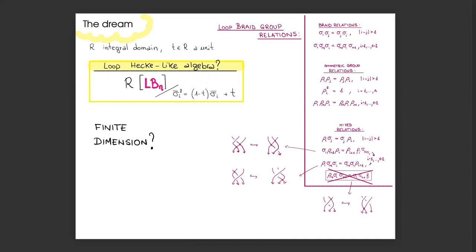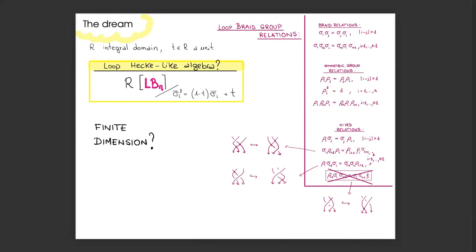To know, it's useful to know exactly what the relations in the loop braid group are. As I told you at the beginning when I was giving the definitions, here we have the braid relations. If two generators are on strands, or tubes in this case, with indices that are far enough apart, then they commute. Then we have the classical Reidemeister 3-like relation where sigma i+1 sigma i sigma i+1 equals sigma i sigma i+1 sigma i.